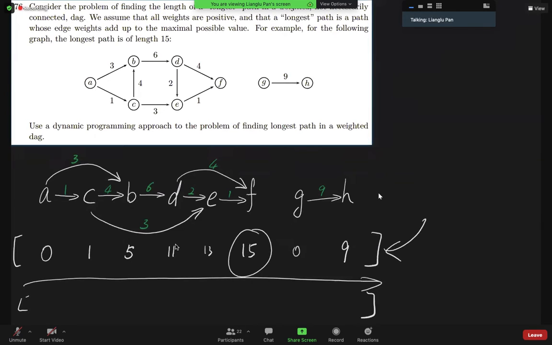For example, for the first node A, there's no path ending at that node, so we don't really care about that.